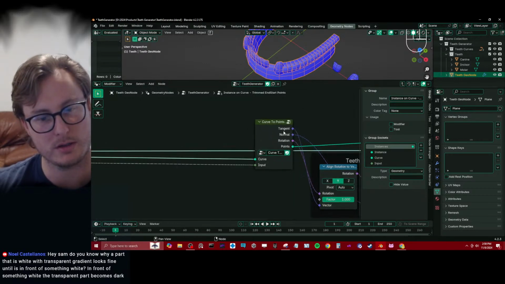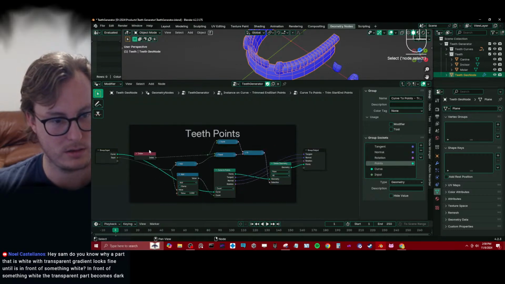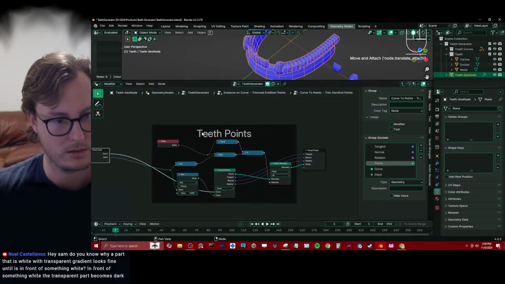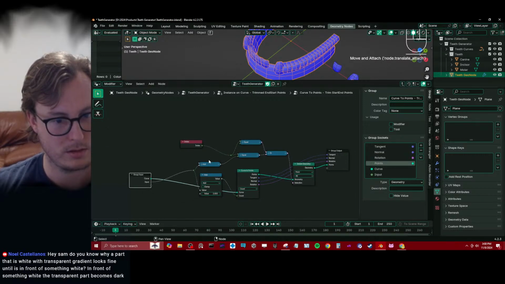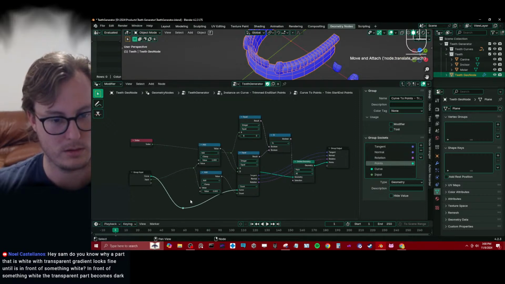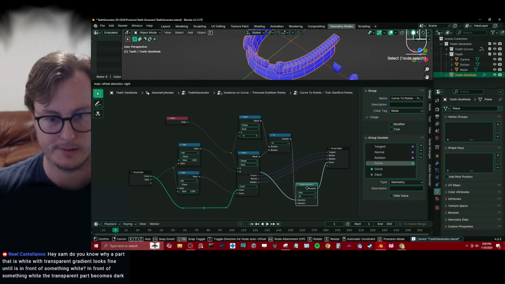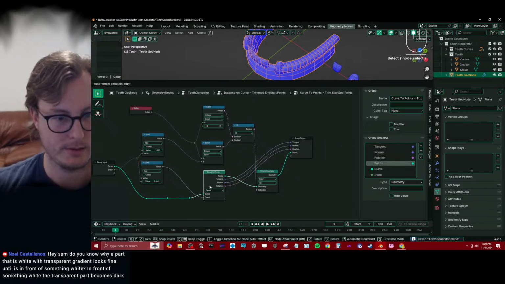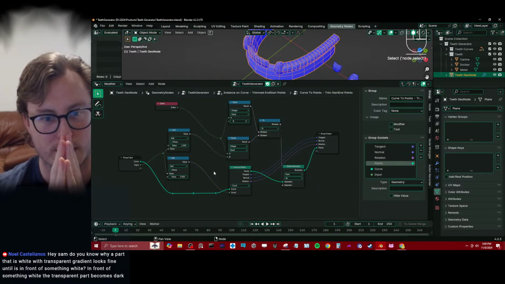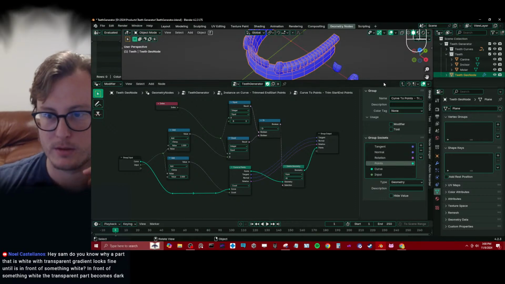Unless, well, no, because the one was correct, the other one was wrong. What is this input here?